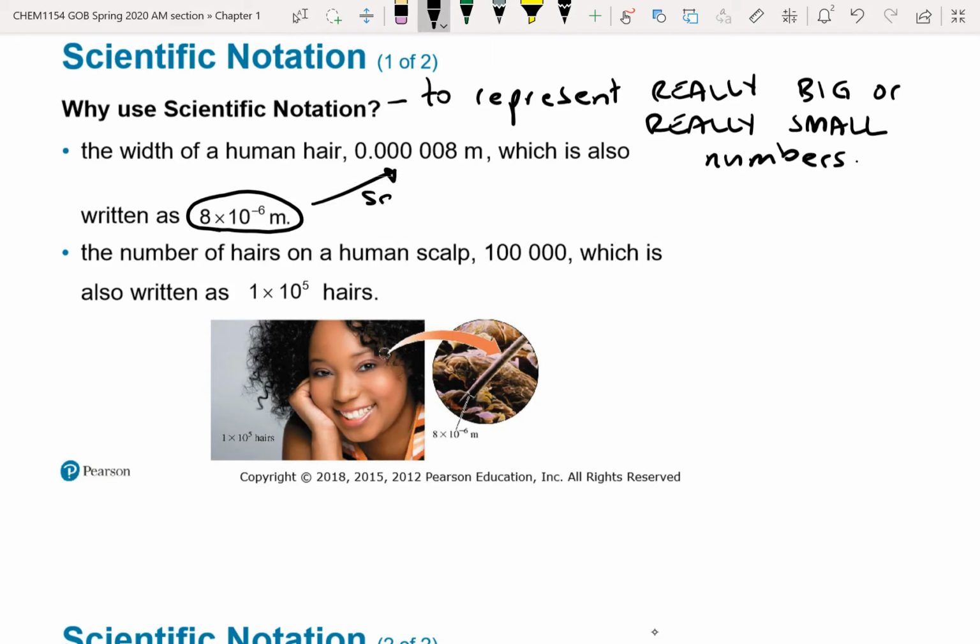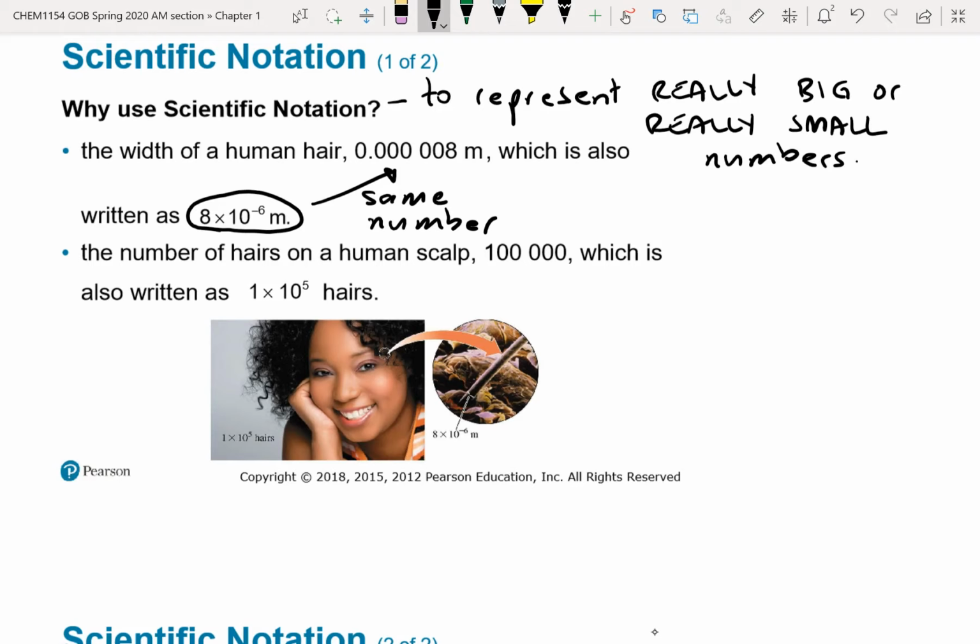It's the exact same number. We haven't lost any of that information. We've just converted it into a form that is a little more concise. That's a really small value that we can represent using scientific notation.